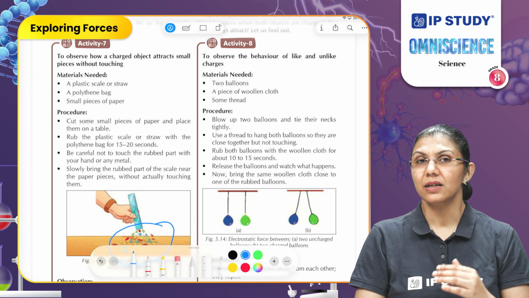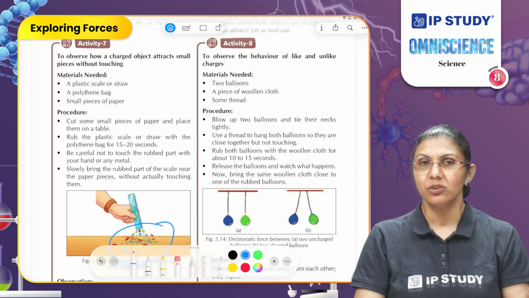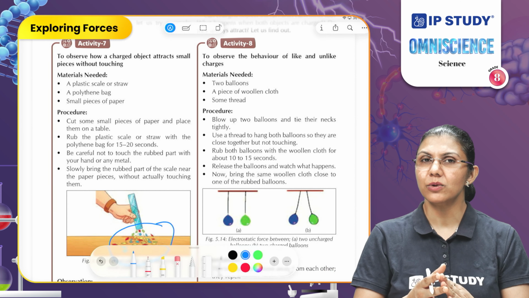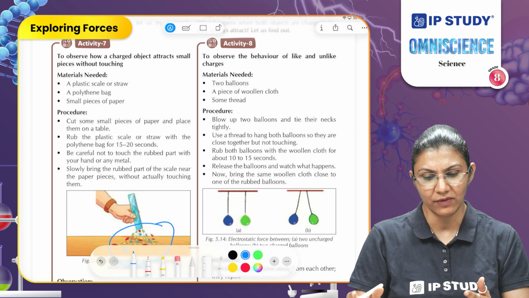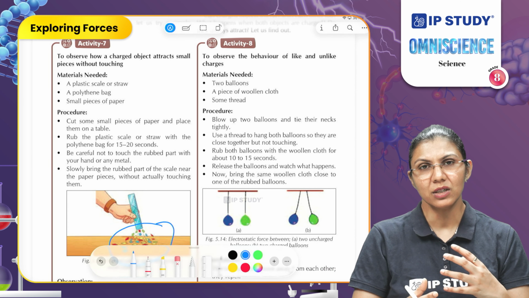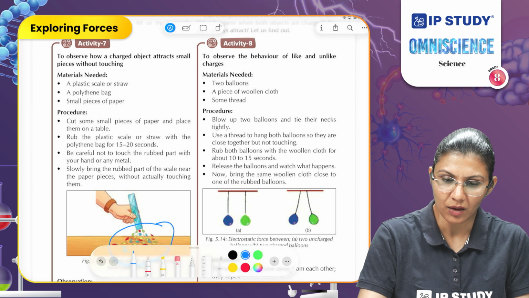If this is rubbed with silk cloth, the negative charge will be produced. So there is a series of materials which produces positive or negative charges on the object. So we can induce a charge as we desire on different objects.